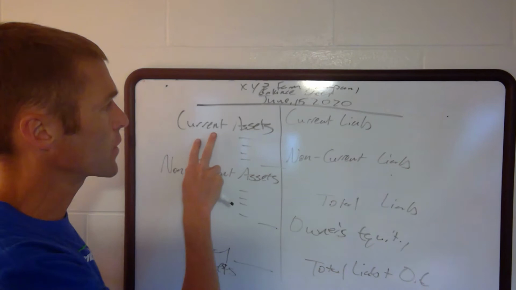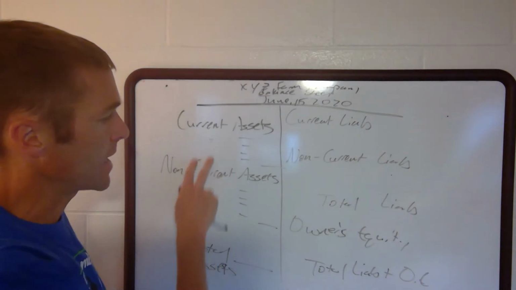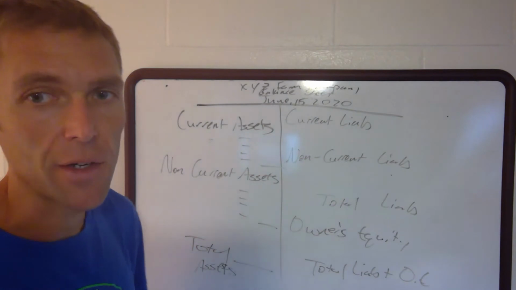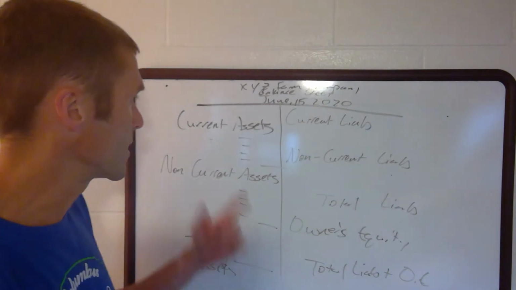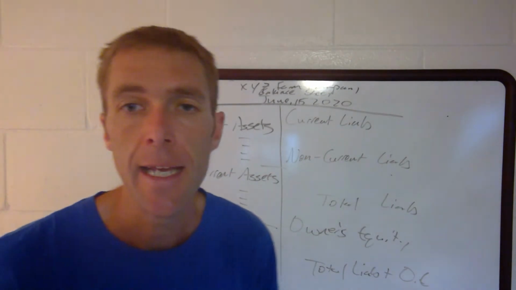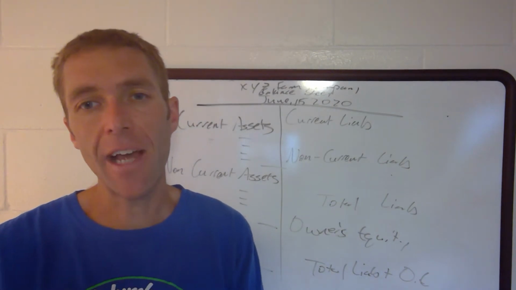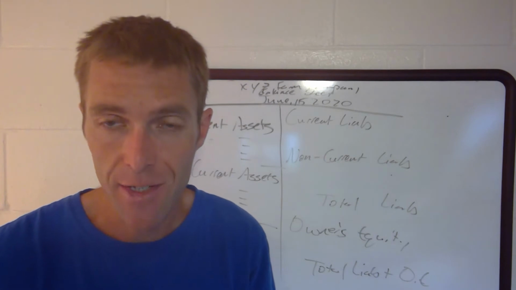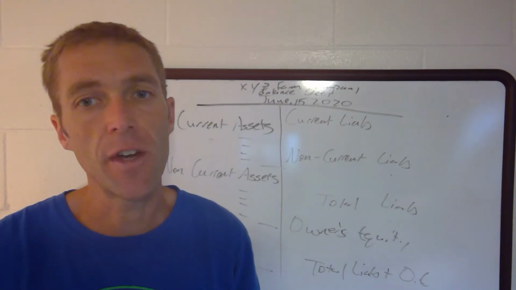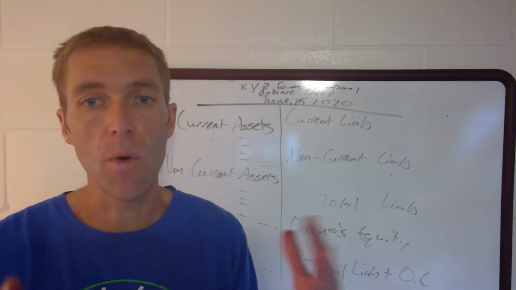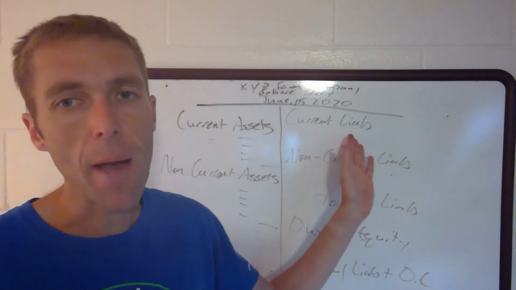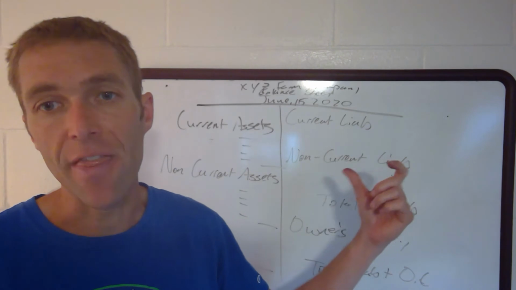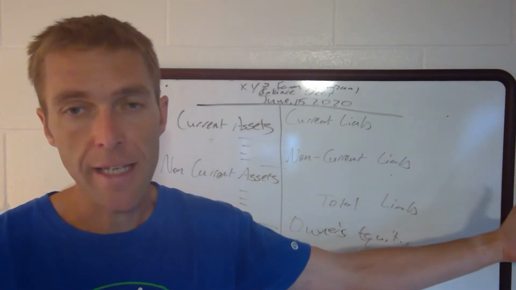So let's first look at current assets and non-current assets, and understanding current liabilities and non-current liabilities will follow very easily. A current asset is any asset that is cash, cash-like, or something that will be turned into cash. Typically we say that a current asset is something that is 1 year or less, and that comes probably from our liability section, where a current liability is a debt that's owed in 1 year or less.